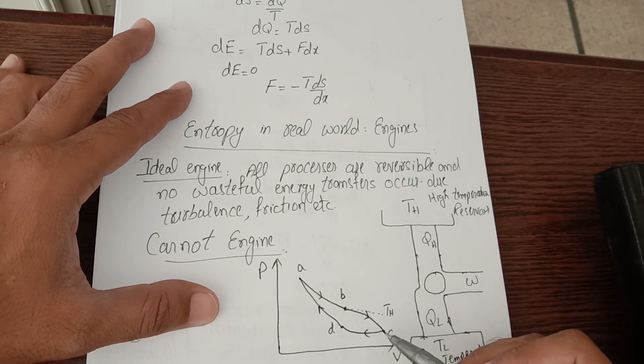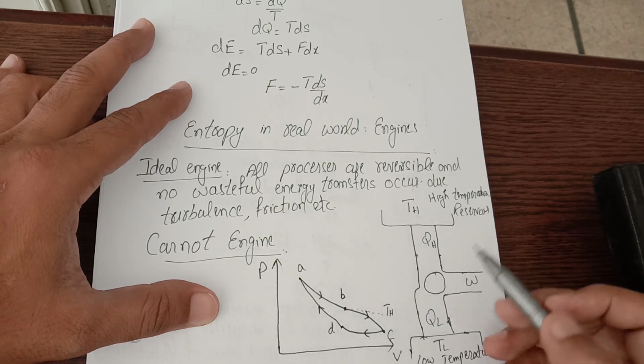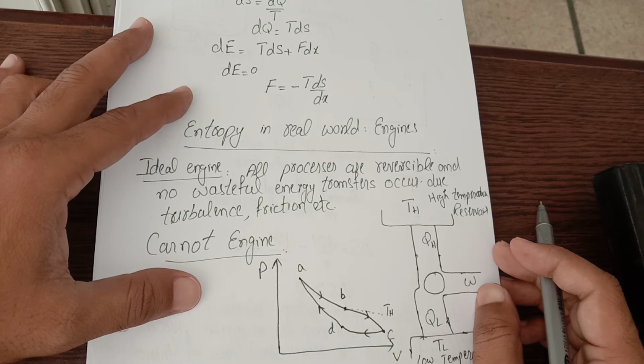Similarly, in the case of isothermal compression, this DA is added as an adiabatic process to make it reversible.